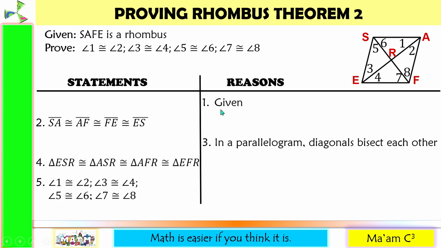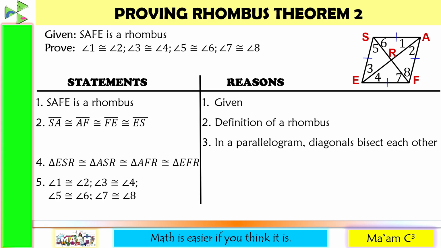Let's start with the given. SAFE is a rhombus. Then the second statement, SA is congruent with AF, is congruent with FE, is congruent with ES. So all sides are congruent. And that is true because that is definition of rhombus.